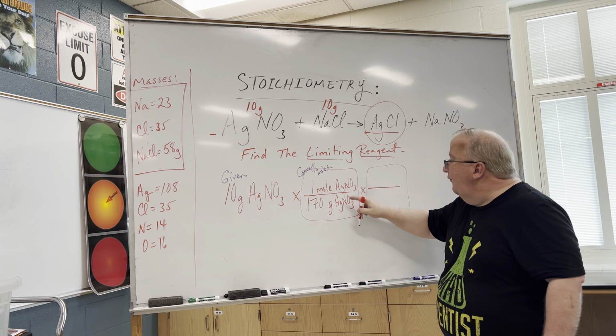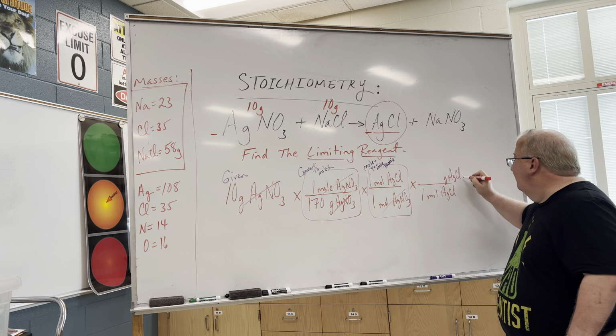This whole process may be tedious, but it's not all that difficult once you get the hang of it. You do several practice problems. It's just a lot of steps. Now our last step is we want to convert moles of silver chloride back to grams of silver chloride.